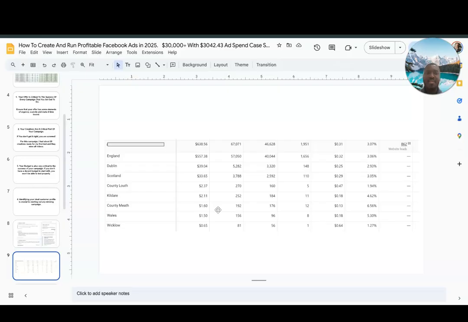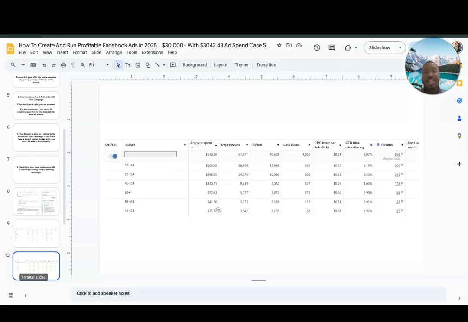And then the next thing after you figure out the location of the people you're trying to sell to is their age. If you don't get the age right, you would also be screwed. So for this particular campaign, I opened up the age a bit, to 25 and above. Advantage Plus went above and beyond and still got in some 18 to 24 people, but I really wanted to start from 25.